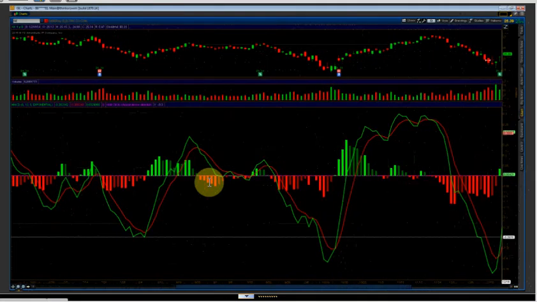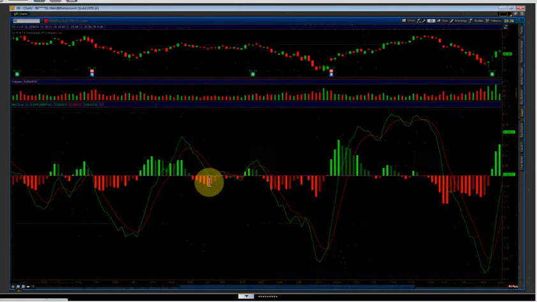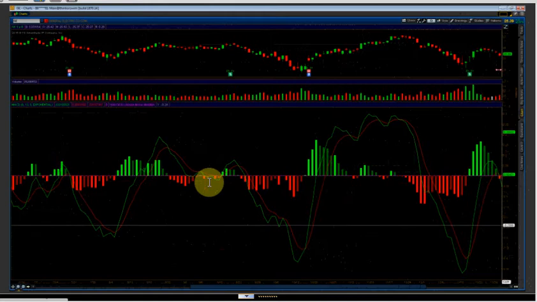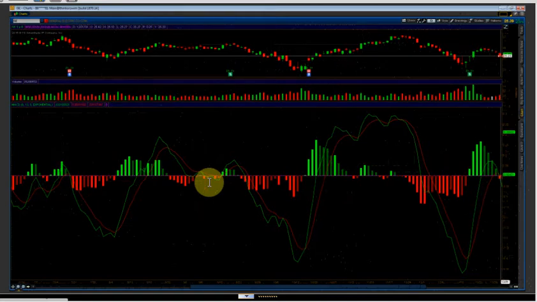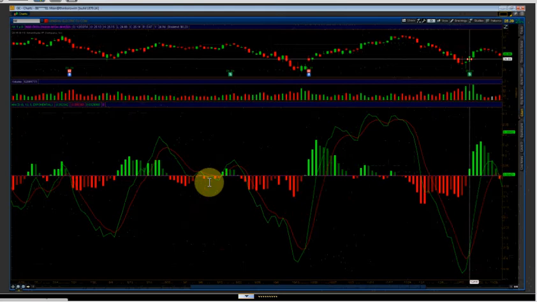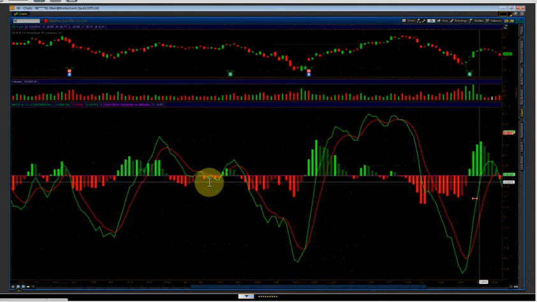Could that have been a winning trade? I think so. Below with a closing price of 25.27. Is that price higher than where your buy price would have been at 25.14? I think so.